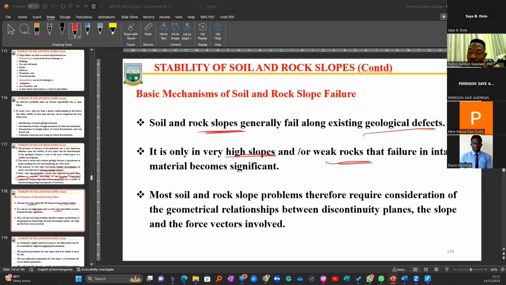So it says that it is only in very high slopes or weak rocks that you can expect to have some significant failure in an intact rock, which we established is any rock material that is devoid of discontinuities.